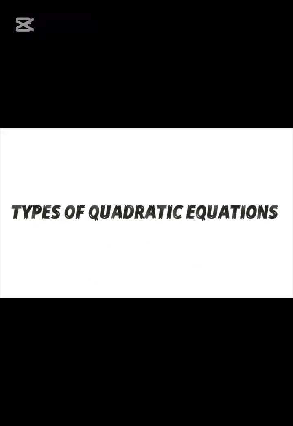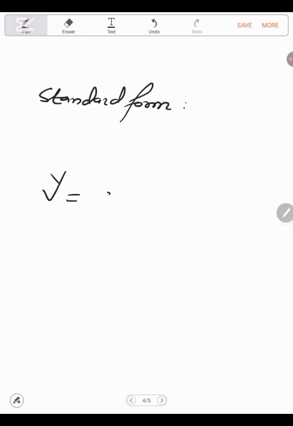Now, the second subtopic is the different types of quadratic equations that we'll be studying further. Okay, there are three ways in which a question can represent a quadratic equation. So first was your standard form for the quadratic equation, that was y equals to ax square plus bx plus c.